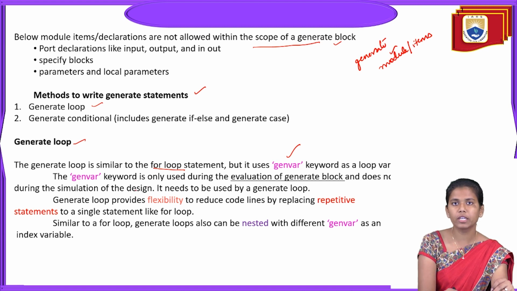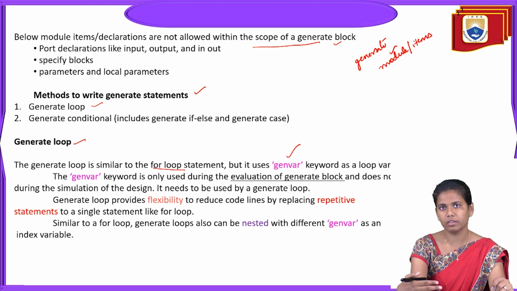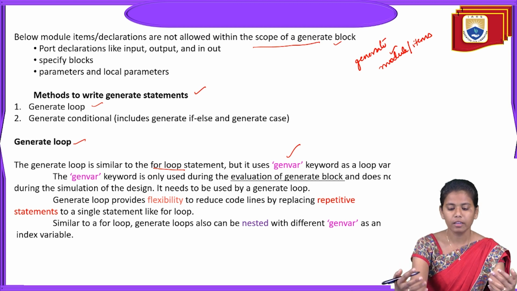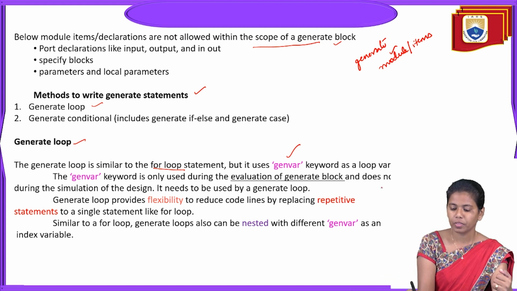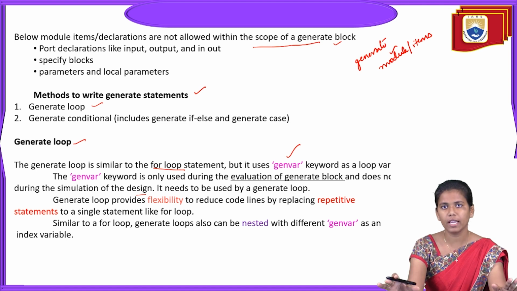So when the genvar keyword is used, that means it is needed during the evaluation of the generate block, and it does not exist during the simulation of the design. When you are simulating the process, this genvar keyword will not exist.